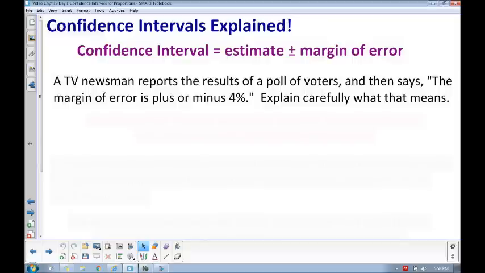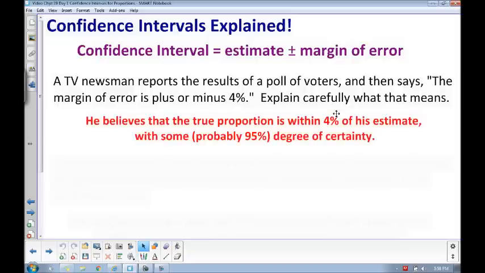No, because it's within that plus or minus 4 range. It could actually end up being anything from 64 degrees to 72 degrees. Because he believes that the true proportion, he says, you know what, I think the weather's going to be here, but whatever it really is should be within 4% of his estimate, with some probability, with some degree of certainty.